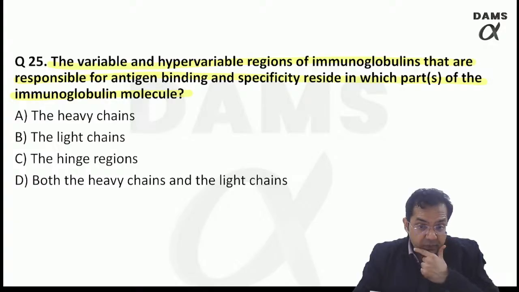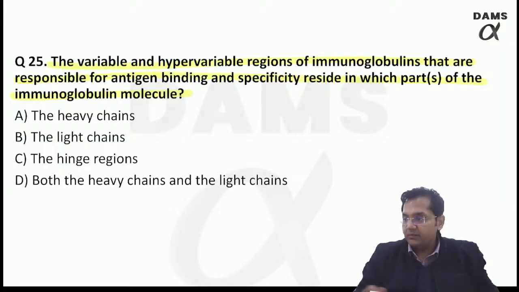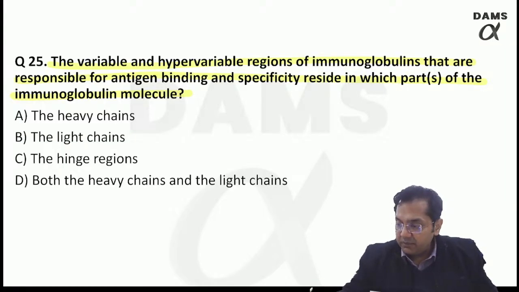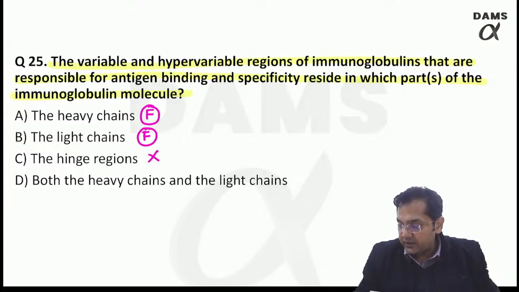The variable and hypervariable regions of immunoglobulins are responsible for antigen binding and specificity. Please remember, variable and hypervariable regions are present in both heavy and light chains. They are not in the hinge, so that is wrong.